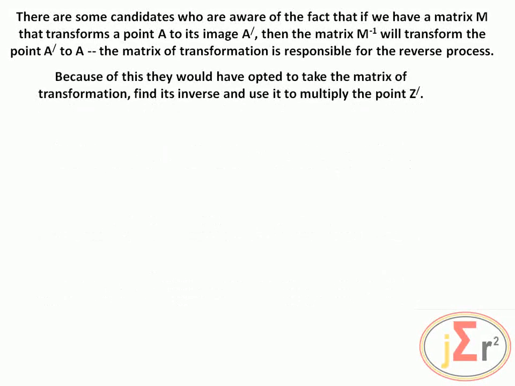Because of this, they would have opted to take the matrix of transformation that we have just found, find its inverse, and use it to multiply the point Z prime.